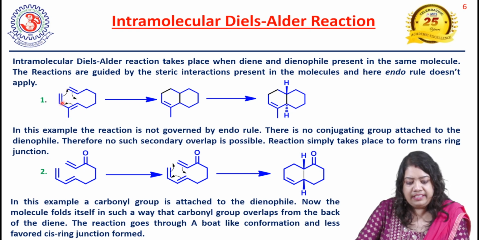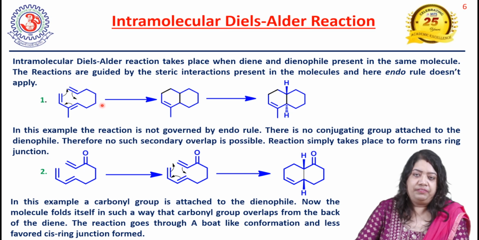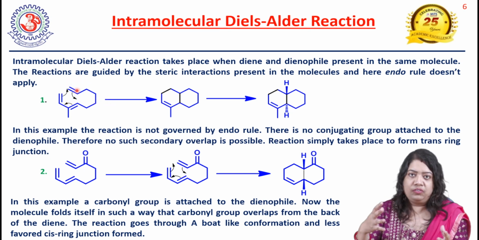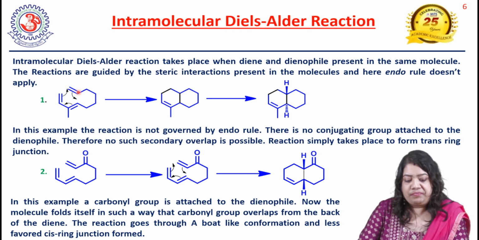Here this is the diene part and this is the dienophile part. During the course of the reaction, this diene and dienophile come into close proximity, and cycloaddition reaction takes place immediately.